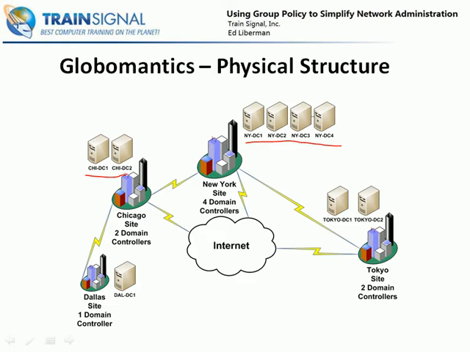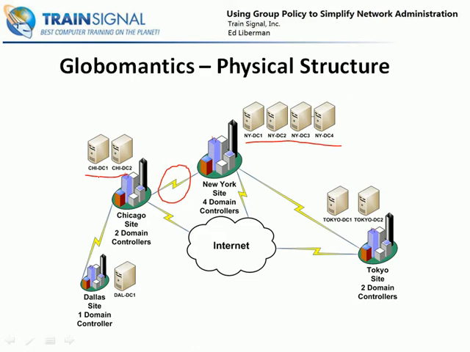Now, what makes them different sites? Well, we have a high-speed Ethernet connection in New York and a high-speed Ethernet connection in Chicago, but we have this slower WAN connection separating the two cities. And what that means is all of these domain controllers, the 4 domain controllers up in New York, can all communicate with each other quickly and efficiently.